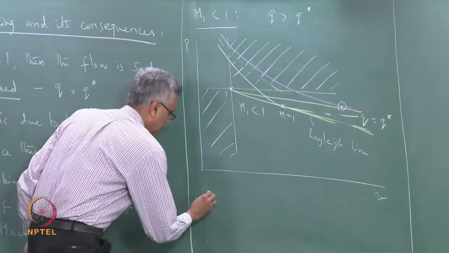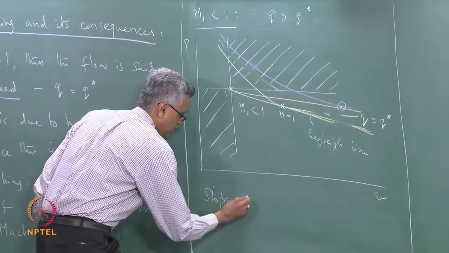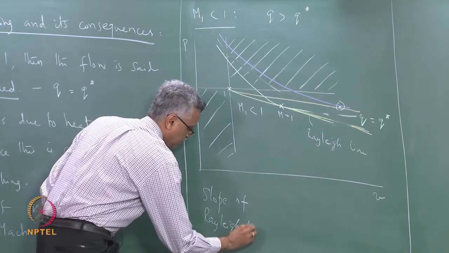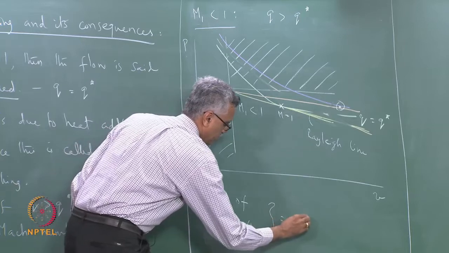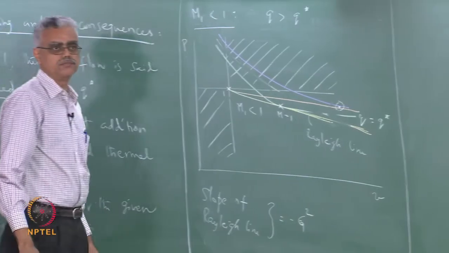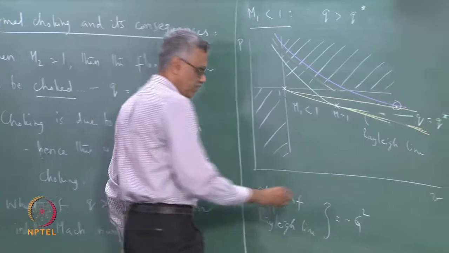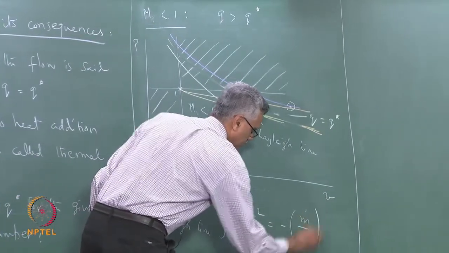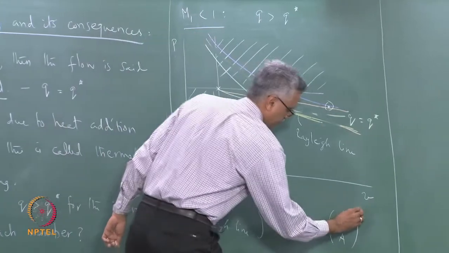The slope of the Rayleigh line, if you remember, is equal to minus G squared, and G itself is defined as m dot divided by duct area.